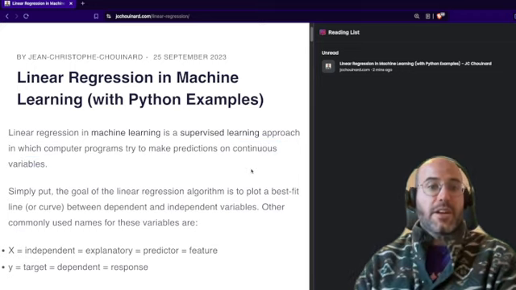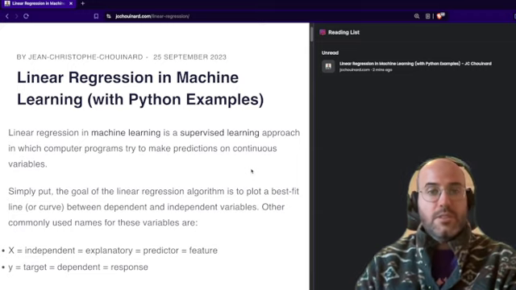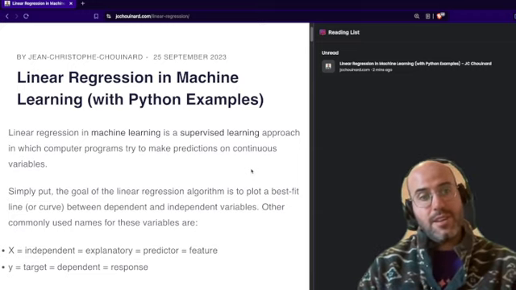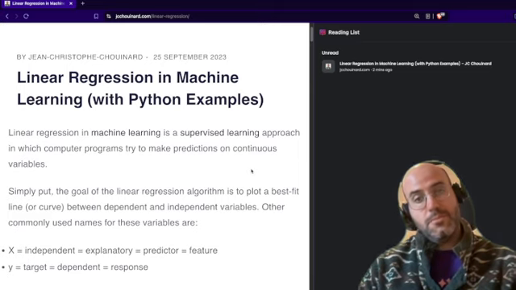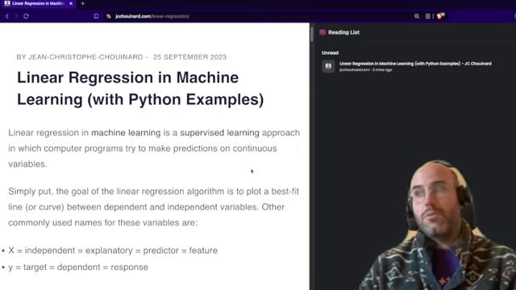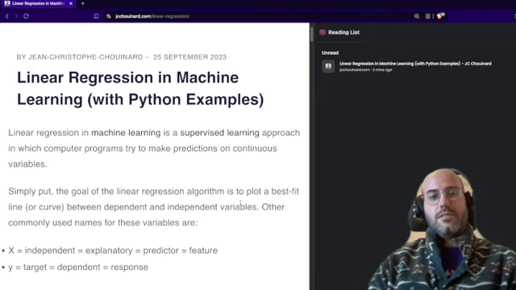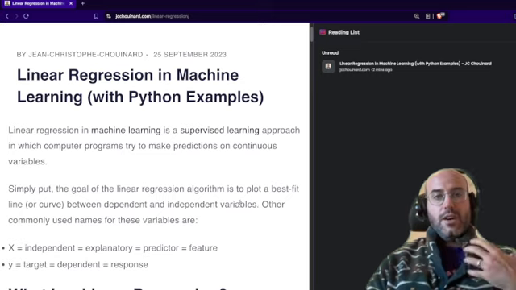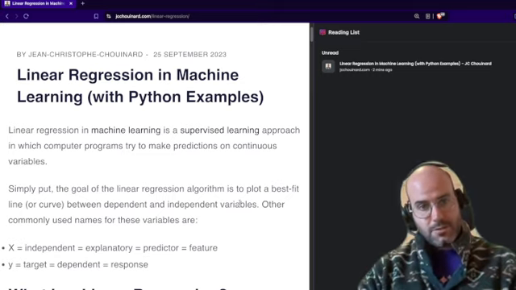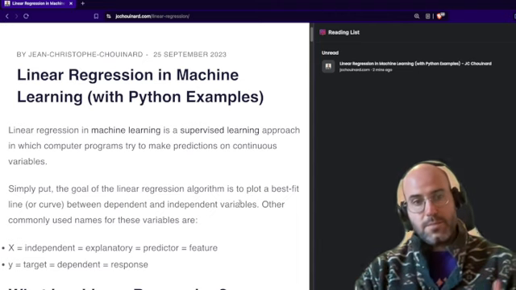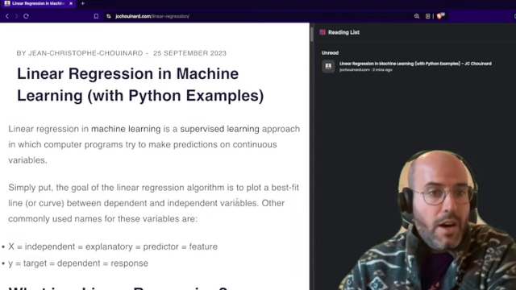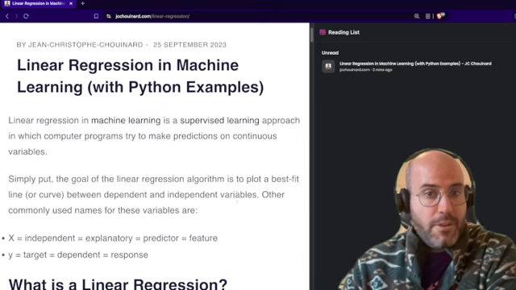To understand better, what it tries to do is find the best line to fit between a dependent and independent variable. And that concept of dependent and independent variable is not that complex: you have something that has an impact on something else, and you want to predict based on those independent variables.